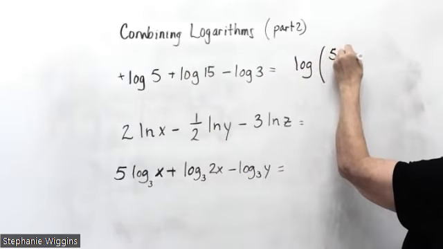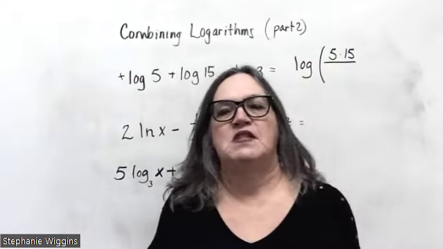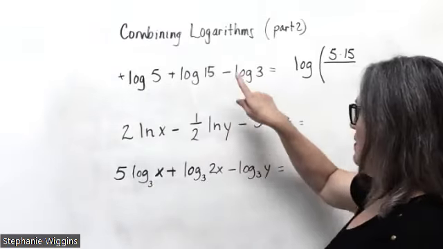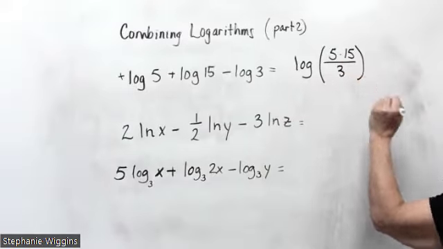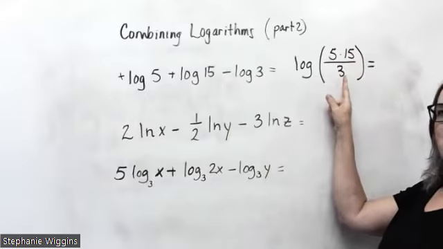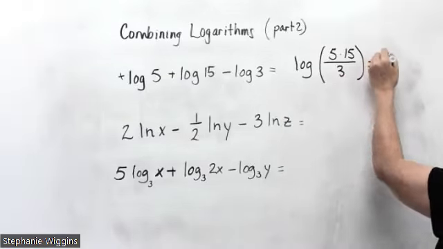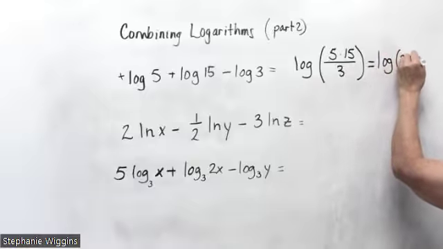That's going to be the product of 5 and 15, right? Because the sum of the logs is the log of the product. This is a minus, so we're going to throw this 3 down in the denominator. And then we can simplify this as 15 divided by 3 is 5, and 5 times 5 is 25. So this is going to be log base 10, or the common log, of 25.